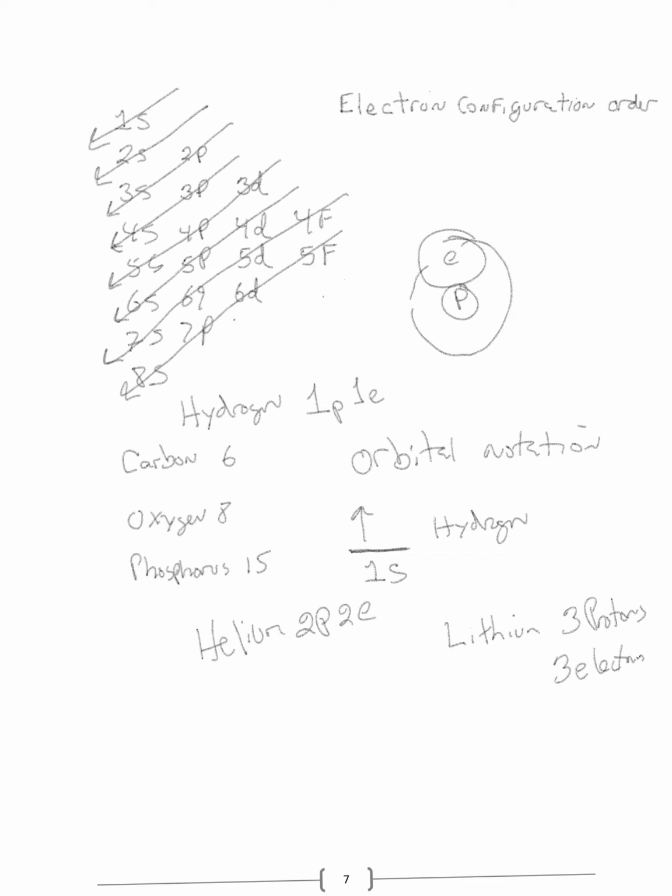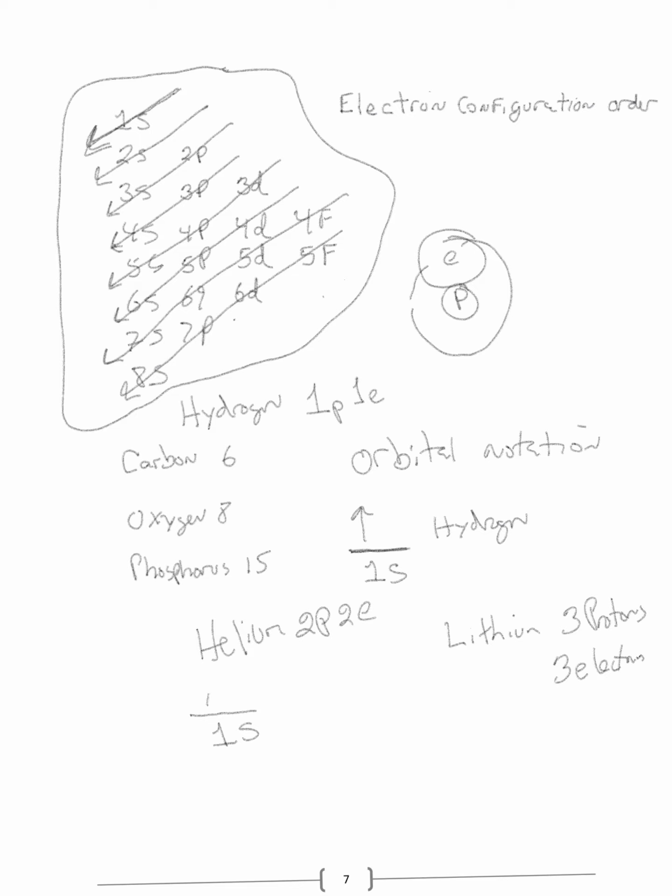So I'm going to go back up here to this table. This diagram that I wrote here shows you the order in which you add electrons. I'm going to add electrons first to the 1s, and these arrows represent the direction that I'm adding them. So for helium, I'm going to draw again the line like this, and write 1s under it. If I look at this diagram up here, 1s is the first one that I fill.